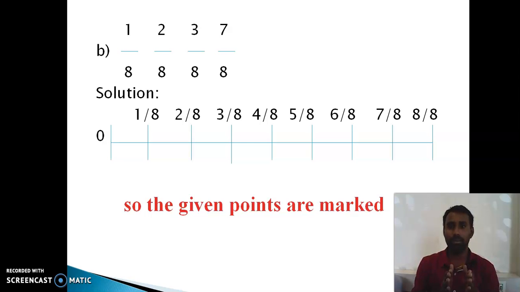So that much space you have to split equally. Then you have to denote the numbers on the number line. Understood? Based on this, I think they gave a few problems in your exercise. If they didn't, I will give them in the homework session. Once I complete the concept, I will give homework; until then you have to just revise these concepts.